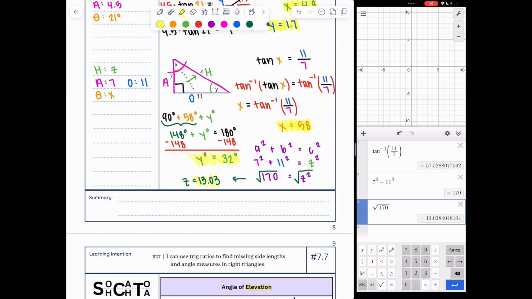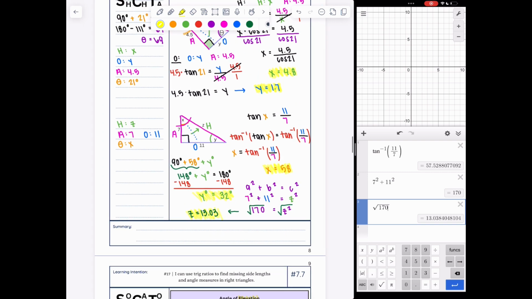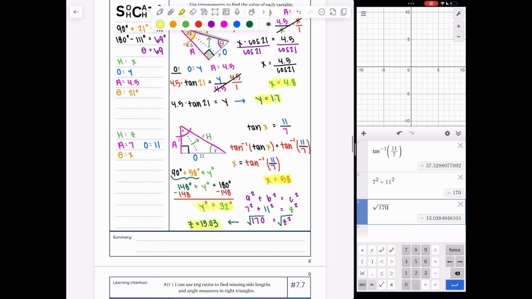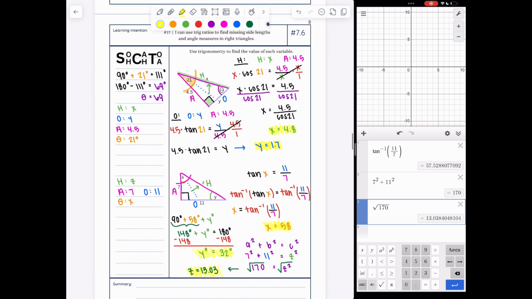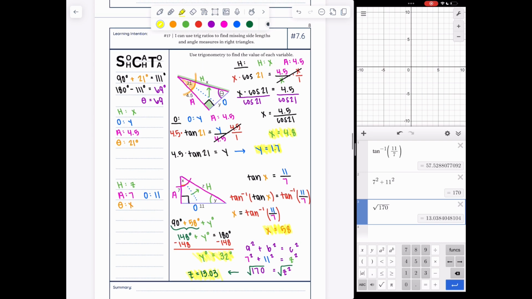If I told you that you were rounding and you rounded it to 13, that would be okay, but the square root of 7 squared plus 11 squared isn't really 13, so just know that there is rounding happening here. You have lots of different options. You can use 180 degrees, you can use trig, you can use the Pythagorean theorem. Choose the method that works best for you and ask questions when you have them.